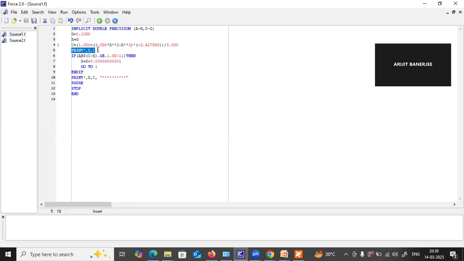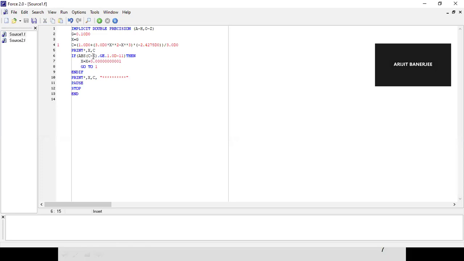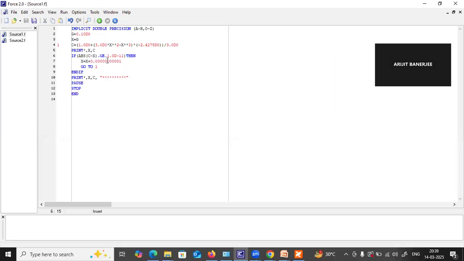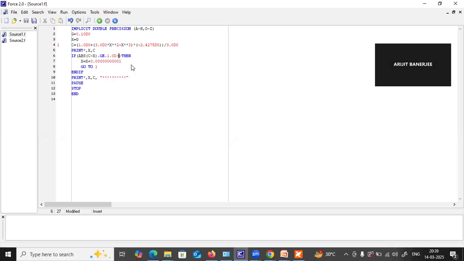Next, I have printed it to check whether they are same or not. Now I have taken the absolute value of C minus x, that is the right hand side minus the left hand side. If it is less than some particular value, I have taken a large one. So you can assume some very small value, for example 10 to the power minus 5.